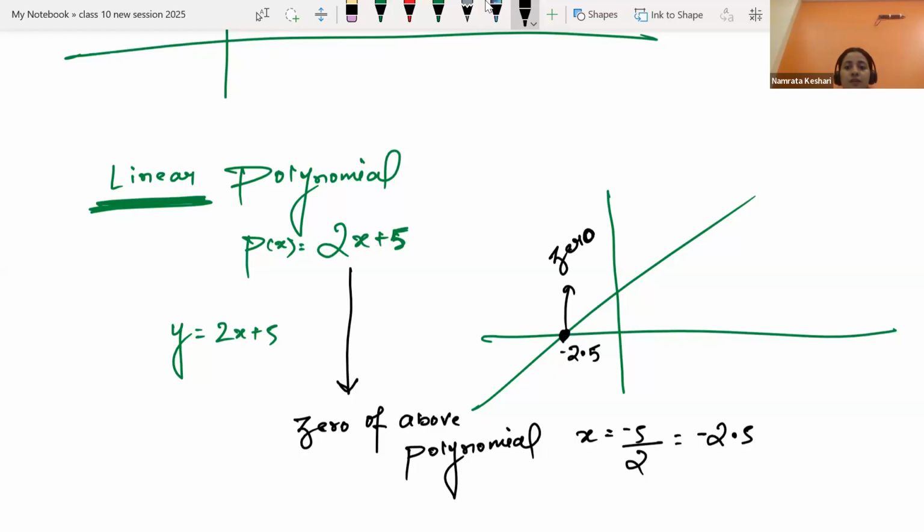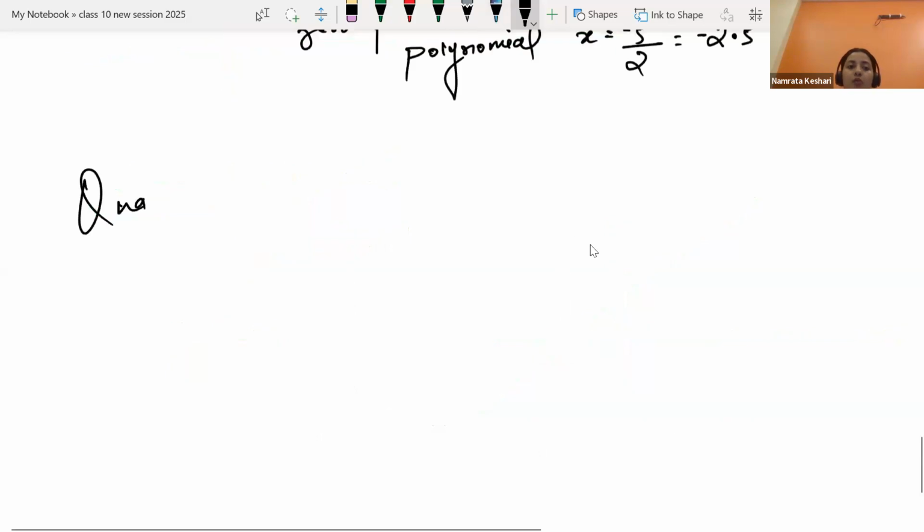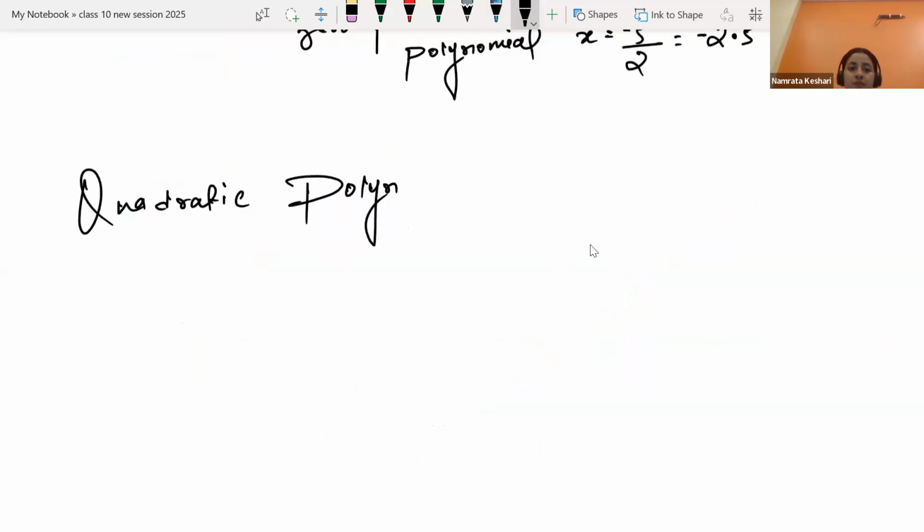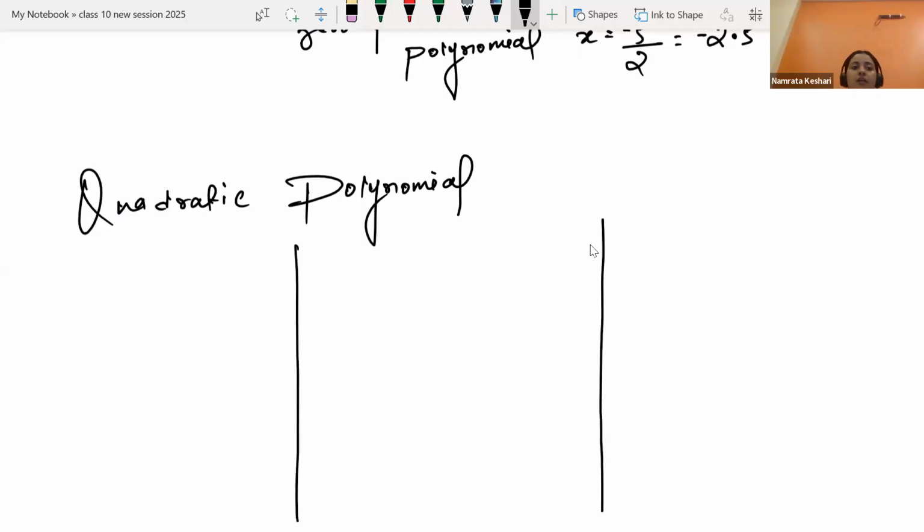Next, if we have a quadratic polynomial, then as I said, there will be three cases: you will have two zeros, you will have only one zero, or you will have no zero.